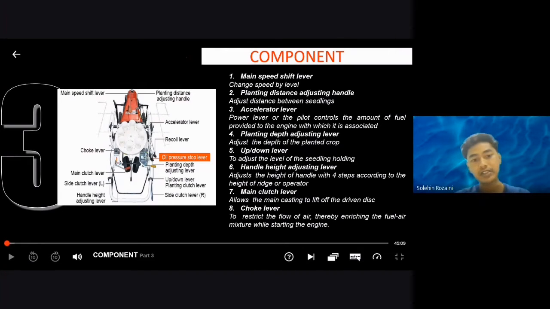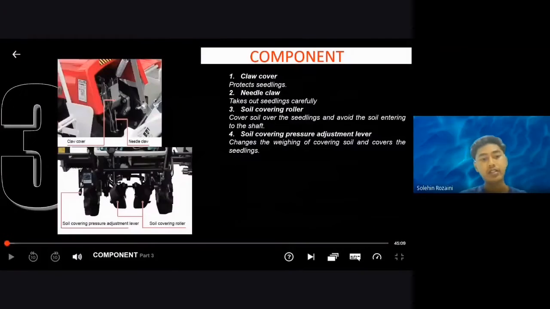Next is the main clutch lever, which allows the main casting to lift off the driven disc. The last one is the choke lever to restrict the flow of air, enriching the fuel air mixture while starting the engine. This one is used to start the engine of the vegetable transplanter.